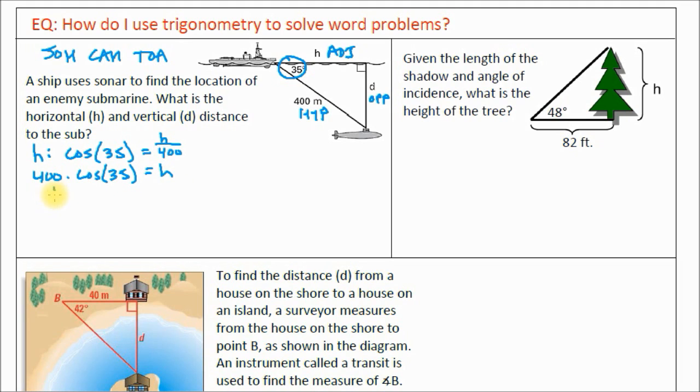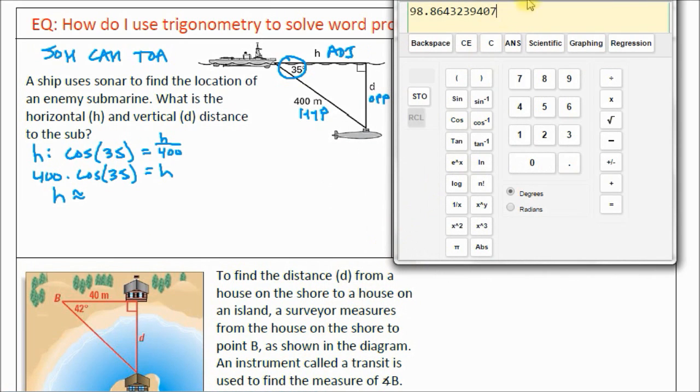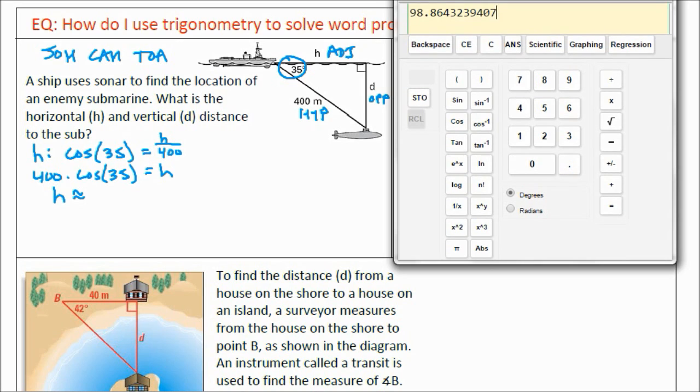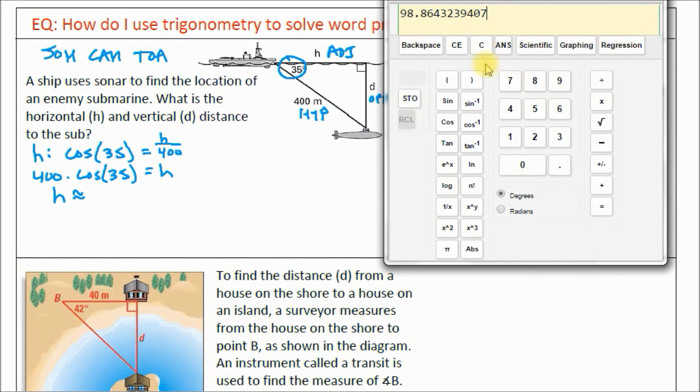And so we can go ahead and plug this in our calculator. H is going to be approximately, let's bring up our calculator here. Slide it over so you guys can see it. And I'll clear it. We've got 400 times cosine of 35 degrees. Oops, I got two.